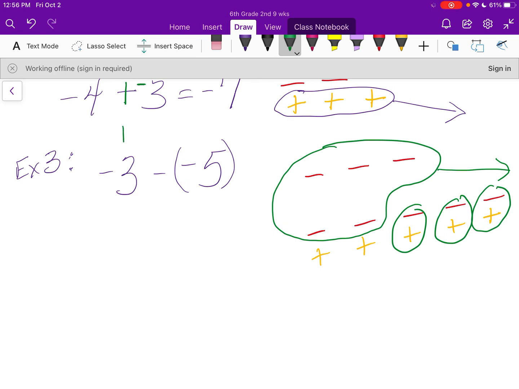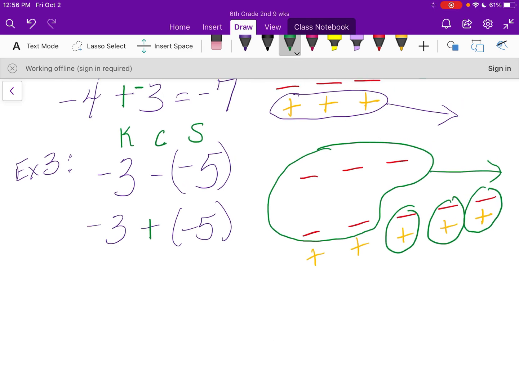Okay, so let's do our keep, change, switch over here. Keep, change, switch. So we have -3. I'm just going to rewrite it. You should do that too. You should rewrite it underneath. So we got our subtraction. We're going to change our subtraction to addition. And our -5 is going to become a +5.